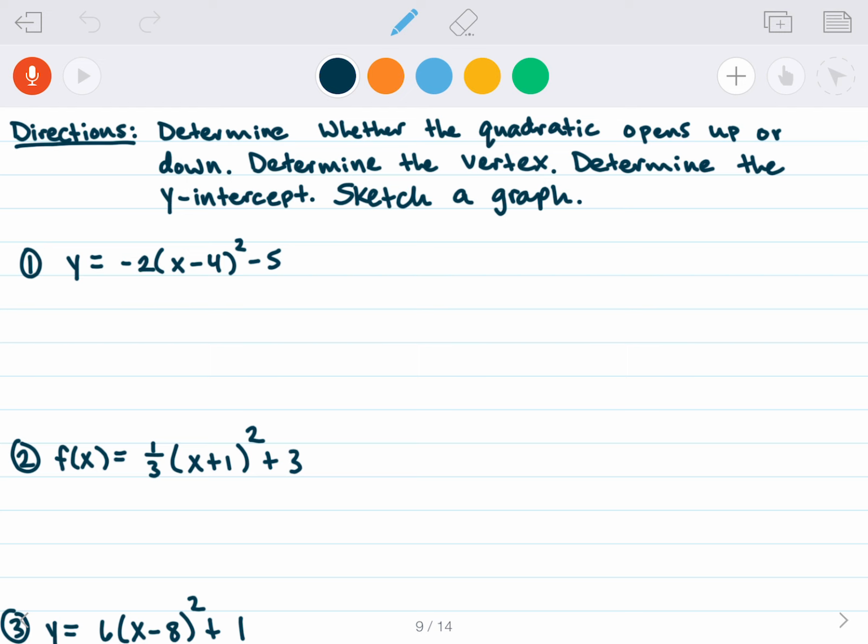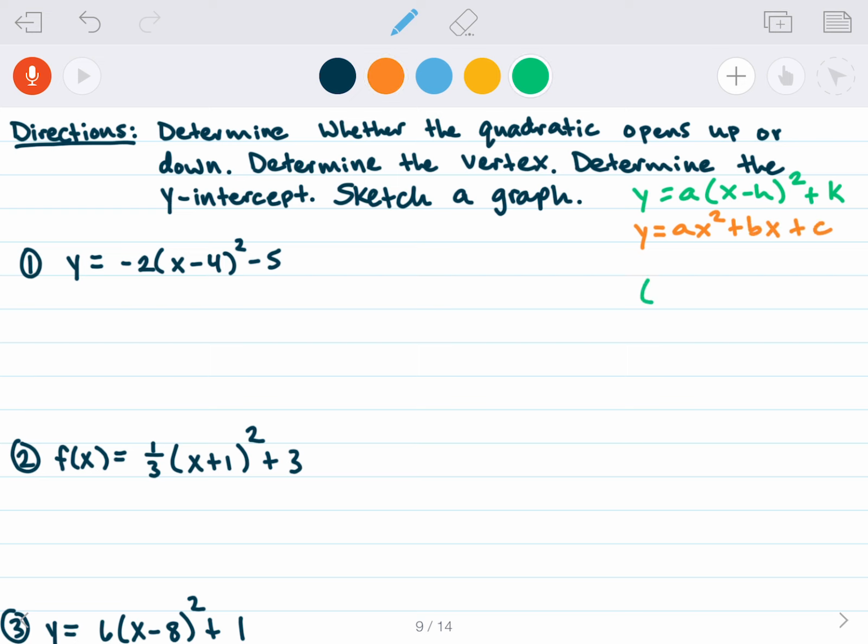So it says determine whether the quadratic opens up or down, determine the vertex, determine the y-intercept, sketch a graph. So the vertex form is y equals a times (x minus h) squared plus k. And in standard form, we have y equals ax squared plus bx plus c.